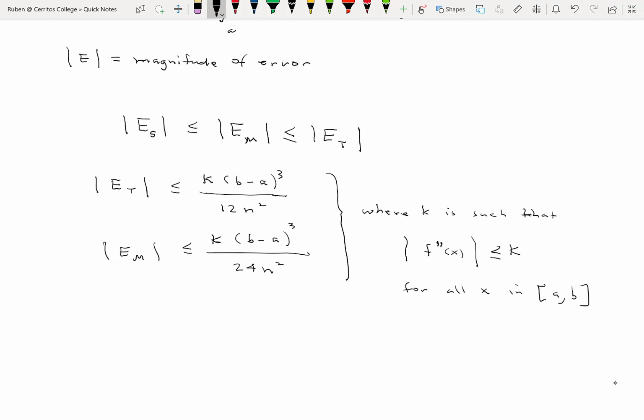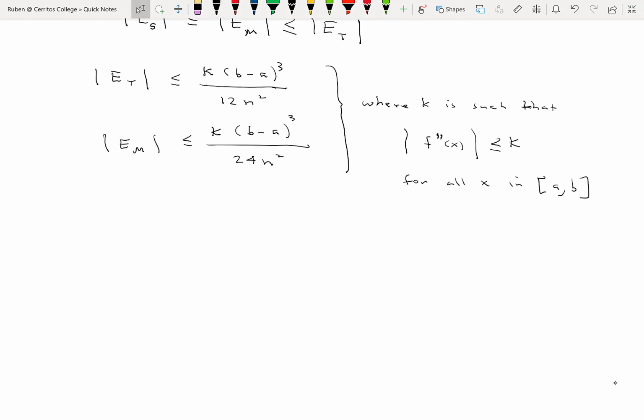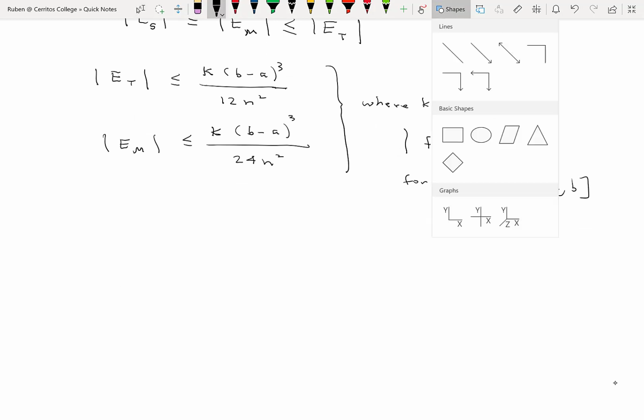That's the interval over which we're integrating. Now we have to look very carefully at what that means, because it's likely going to be the hardest part of this whole discussion of approximate integration, that constant k. So let's take a look at what that constant k represents graphically.